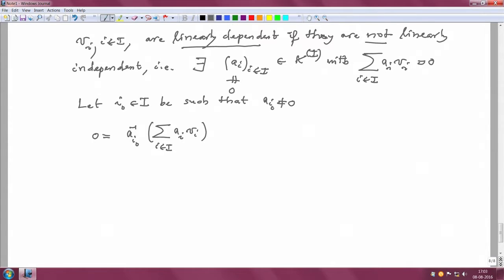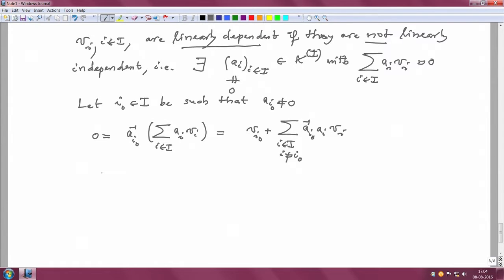And this one I can write as v_{i_0} plus the remaining terms, a_{i_0} inverse a_i v_i, with i in I and i different from i_0, and I will transfer this sum to the other side.